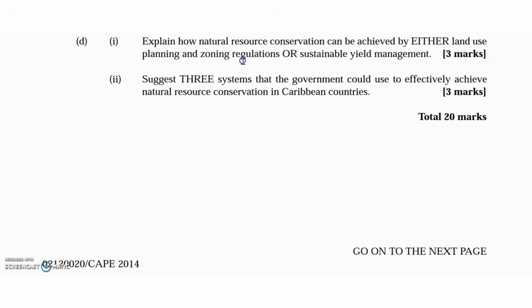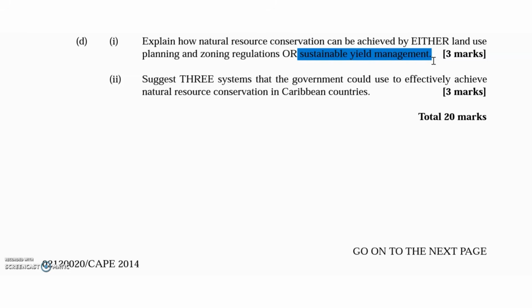Zoning regulations provide a geographical boundary in terms of limiting our exploitative activities and perhaps exploration activities as well as the extraction processes. Now, that is mainly associated with industrial activities as well as infrastructural development. With respect to sustainable yield management, that is associated with agricultural activities.